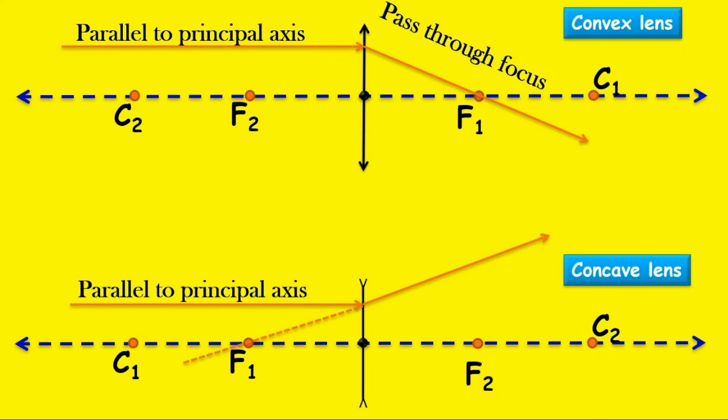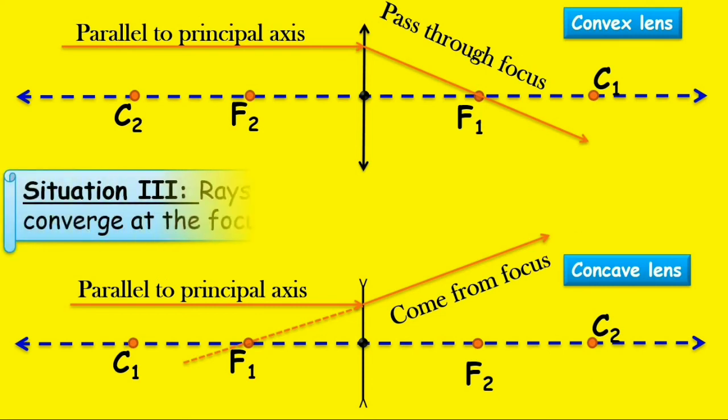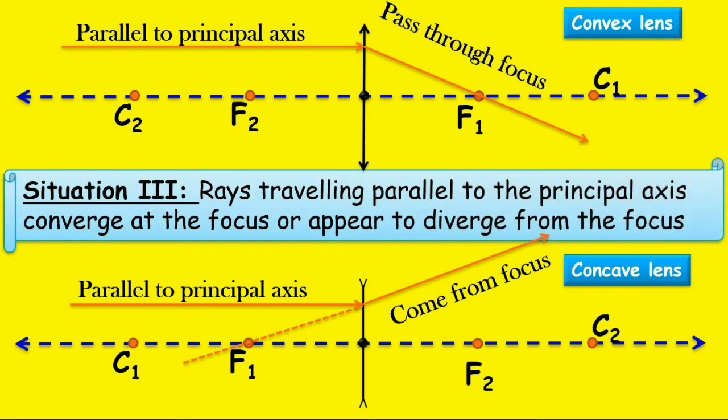It means a ray parallel to the principal axis seems to come from the focus for the concave lens. Rays traveling parallel to the principal axis converge at the focus or appear to diverge from the focus.